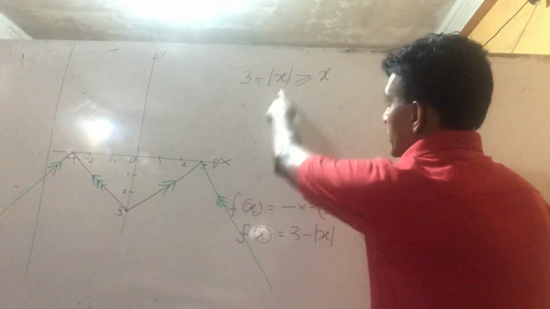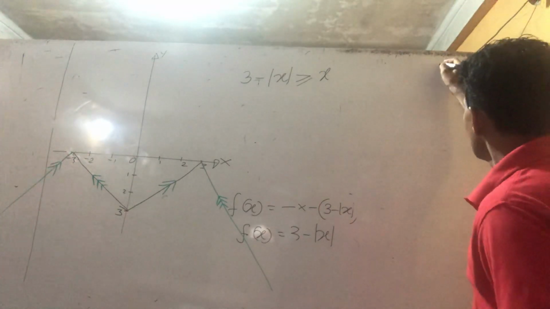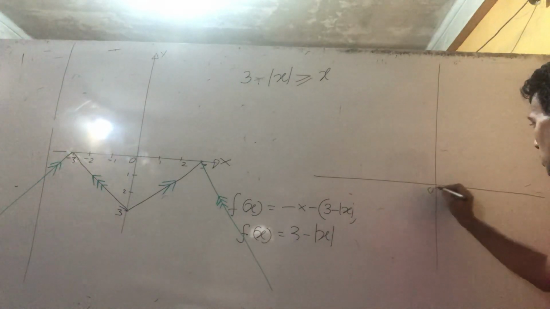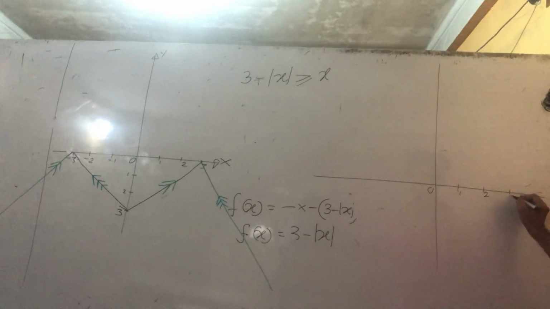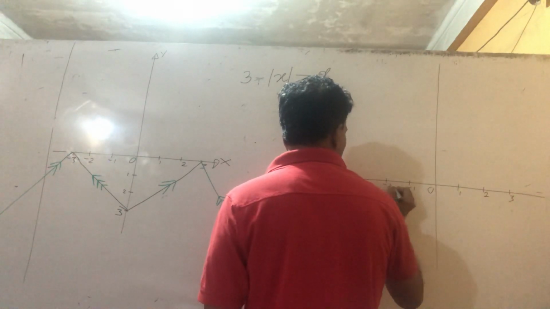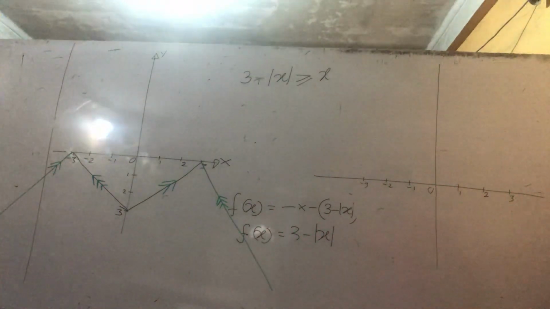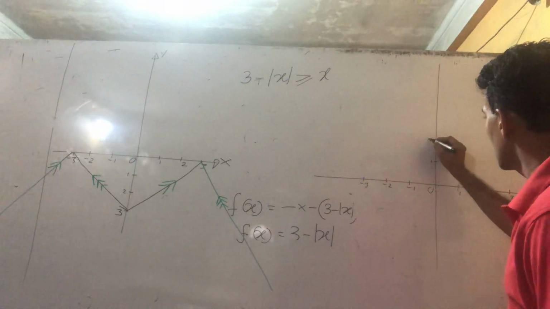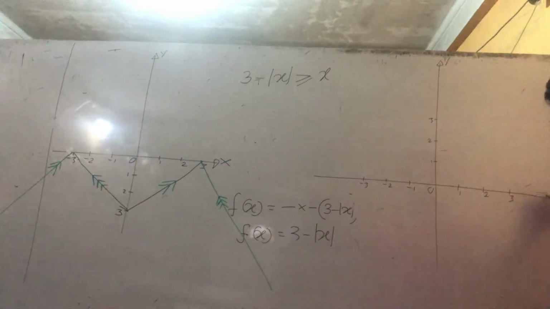So if I draw this 3 minus mod x, there are 2 parts, right? We need the intersection points here, 1, 2, 3, also -1, -2, -3 and so on. If you produce it, you need up to positive 3. Here the y-axis, x-axis.